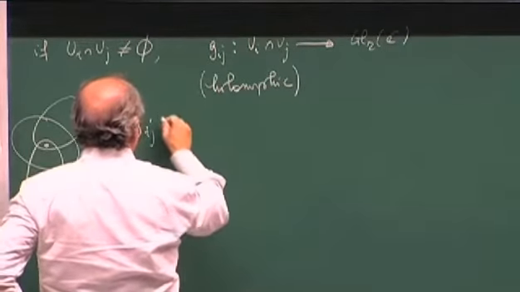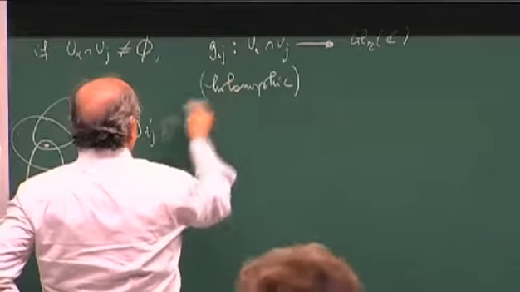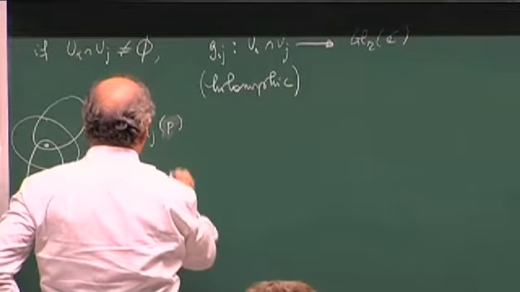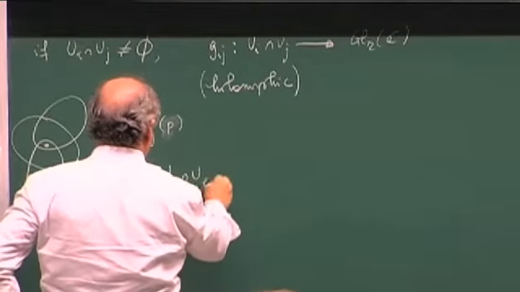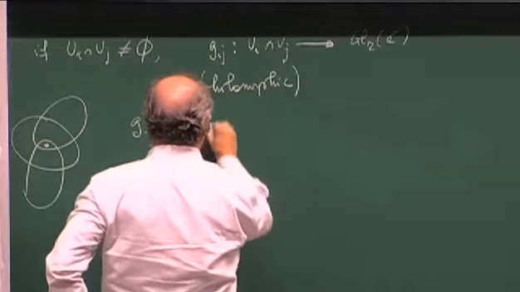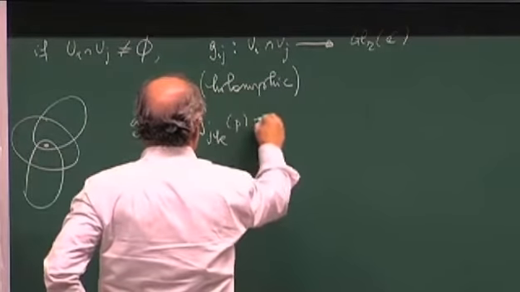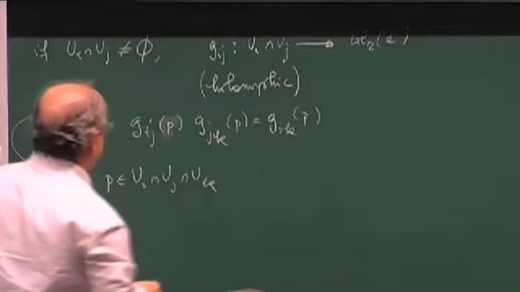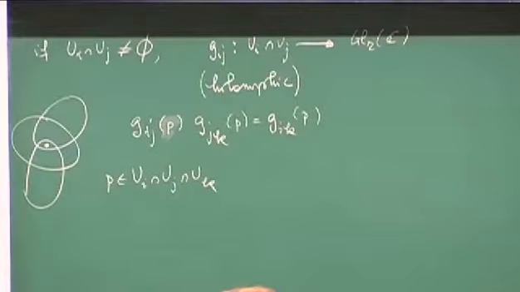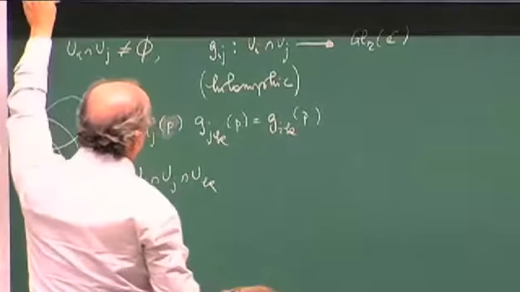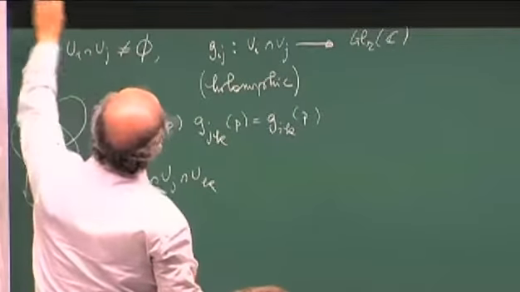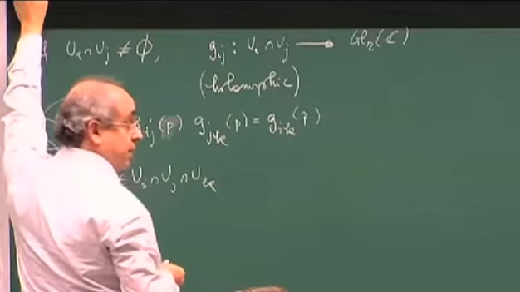This is an equality between these functions computed at some point p in a triple intersection. So we have a transition function. These are what are actually called the transition functions of the bundle.